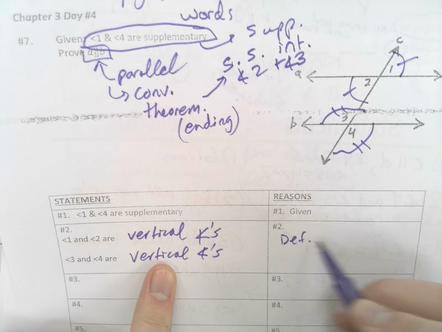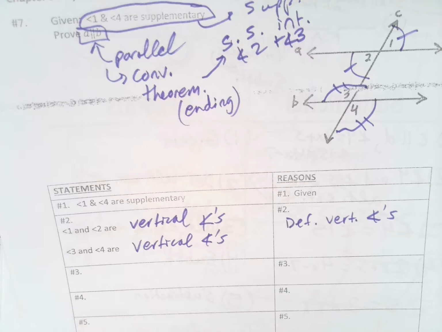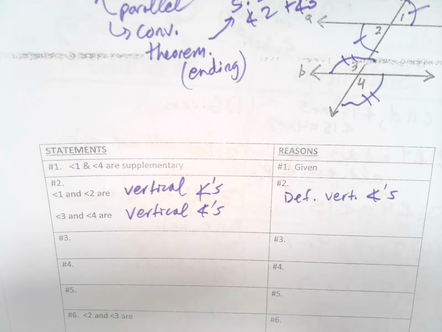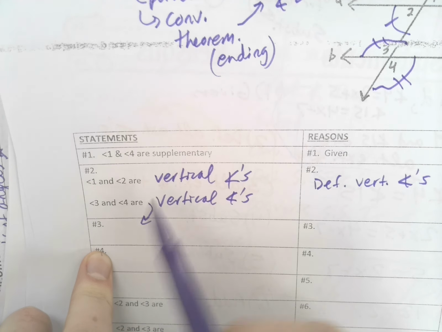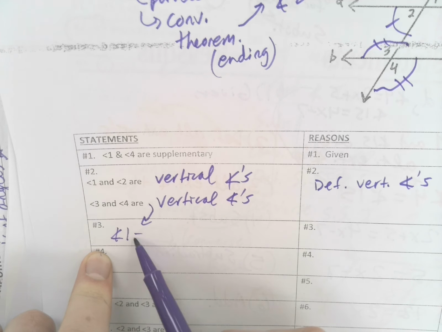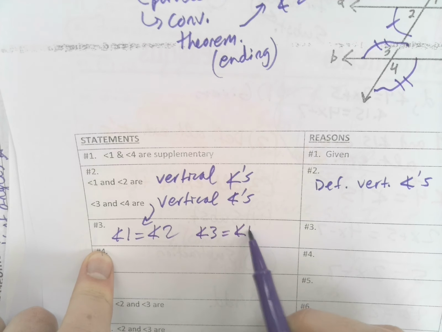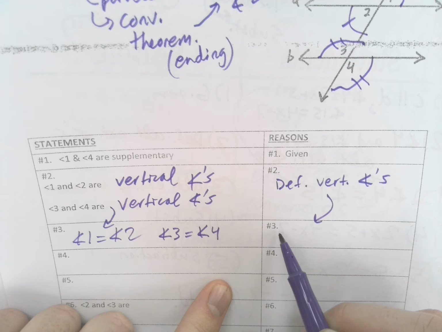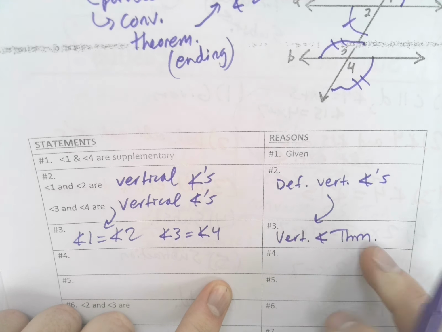Well, that's based off the definition of vertical angles. And we know what comes next. What does that mean if they're vertical angles? Angle 1 equals angle 2. Angle 3 equals angle 4. And that's going to be based off of what follows after the def. We got the vertical angle theorem.